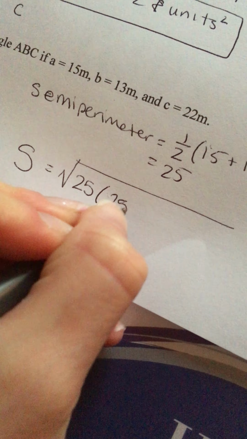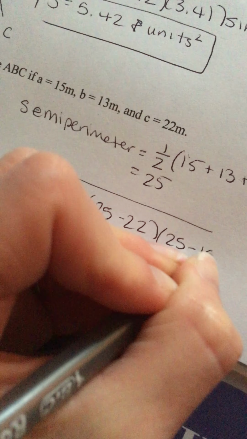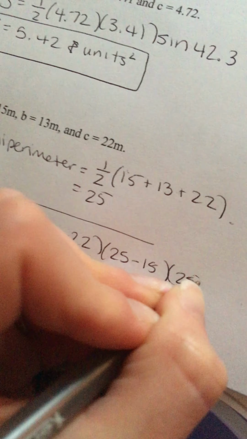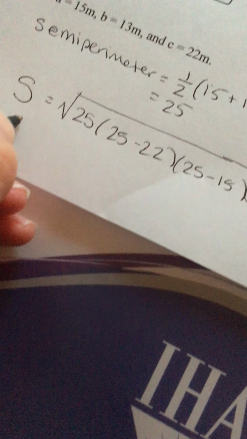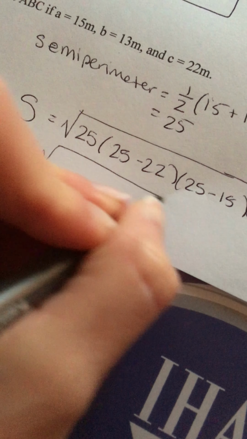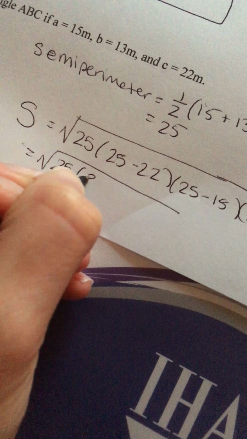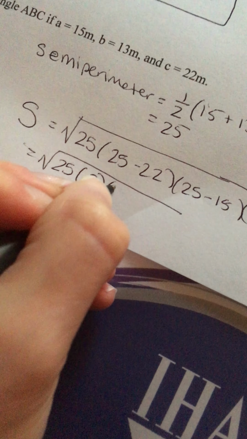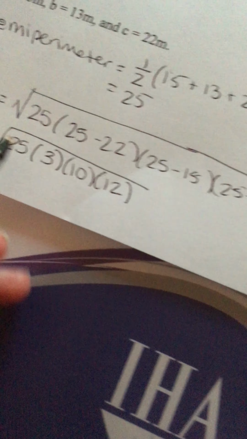So 25 minus 22, 25 minus 15, 25 minus 13 underneath that radical. If you don't like the way this looks, you are more than welcome to simplify it before you plug it into your calculator. 25 minus 22 is just going to be 3. 25 minus 15 is going to be 10. And 25 minus 13 is just going to be 12. That's just going to be a little bit easier to manage.